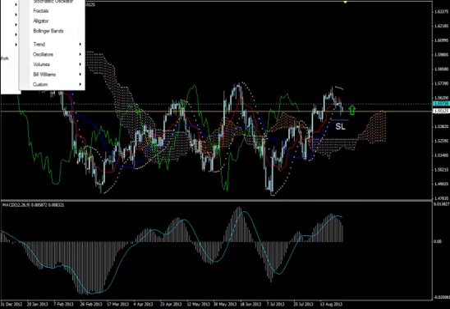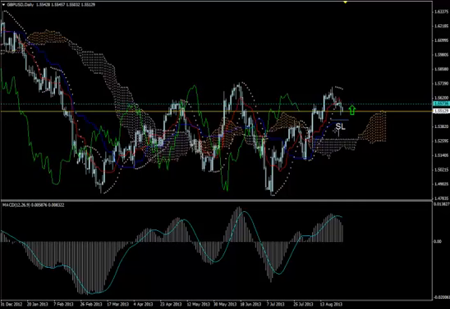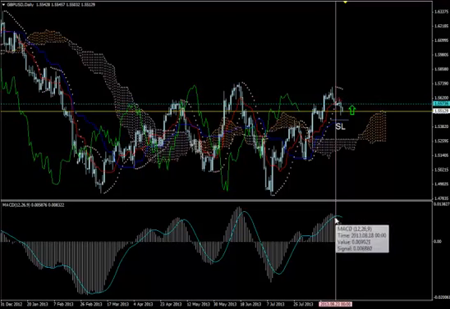Let me insert a vertical line to show you the point where all systems coincide. When the price crossed below Tenkan-sen, the red line, we had the first bearish dot from SAR, and it was exactly at the moment that the signal line popped out of the histogram, because the histogram lines became smaller, which means that the bullish momentum decreased.